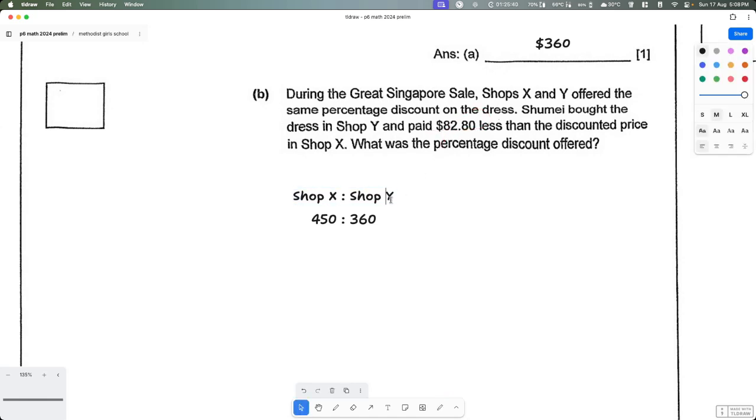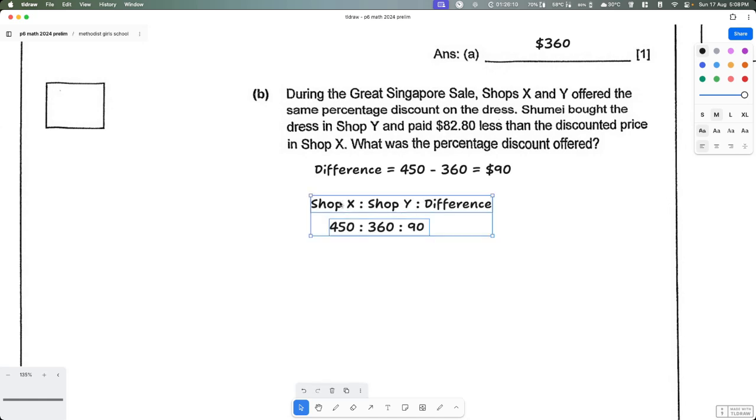That's the difference. So the difference is equal to 450 minus 360, which is equal to $90. Yep, that's the difference.